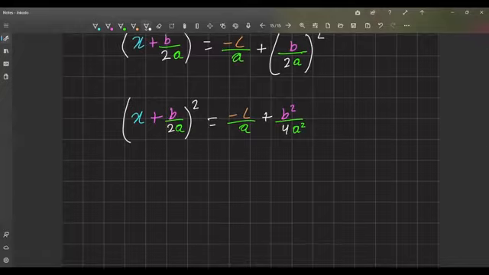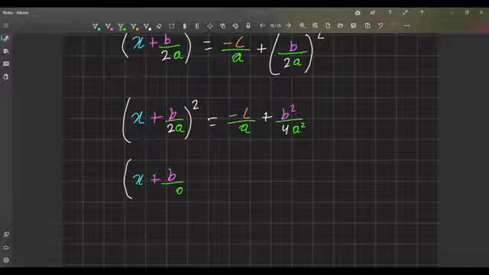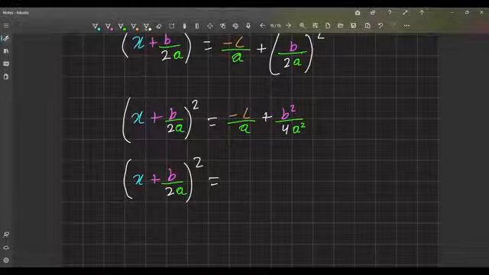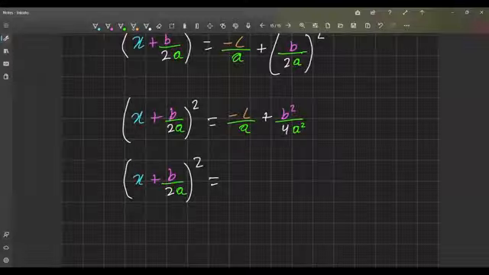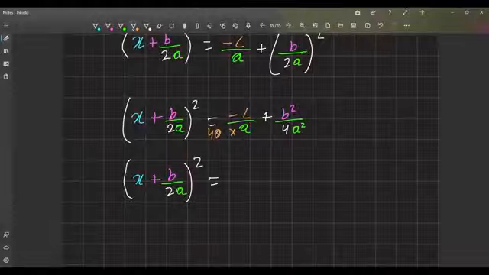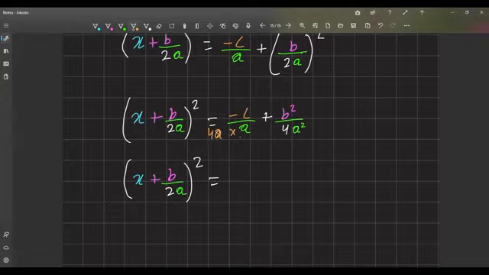So in the next step, I'll simplify this on the right hand side. I'll rewrite the left hand side of the equation, which would remain x plus b over 2a whole square, is equal to, now since I'm taking the LCM of the right hand side, I would just multiply this with 4a, to get 4a square here, and since I'm multiplying this with 4a, I'll have to multiply this with 4a as well.